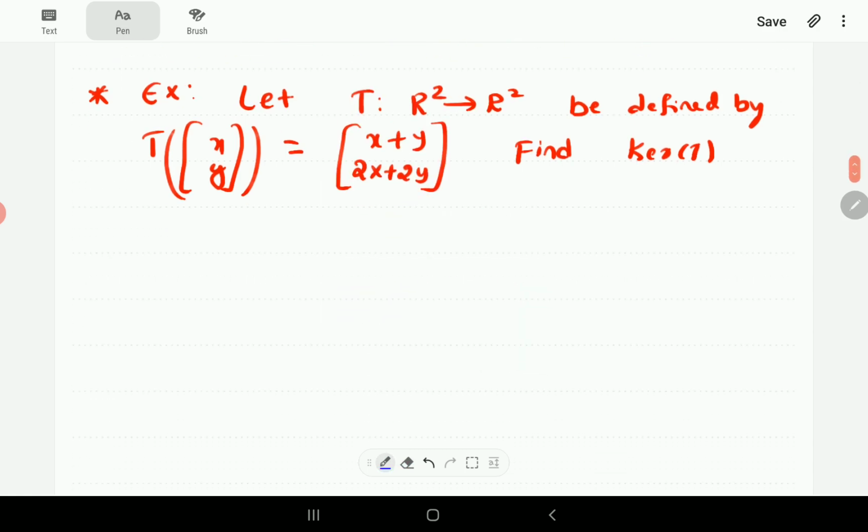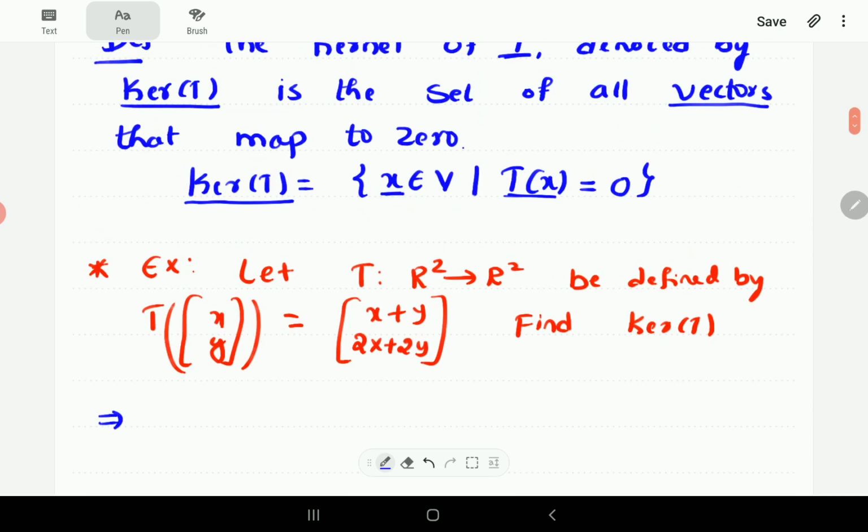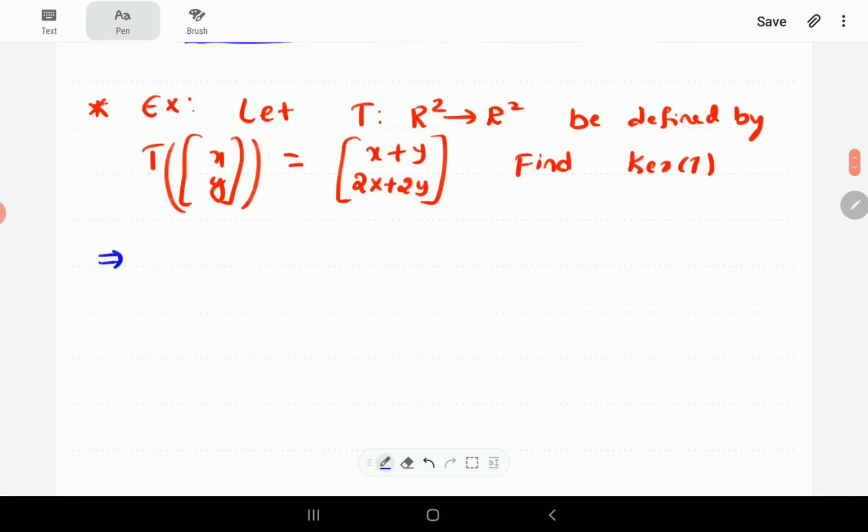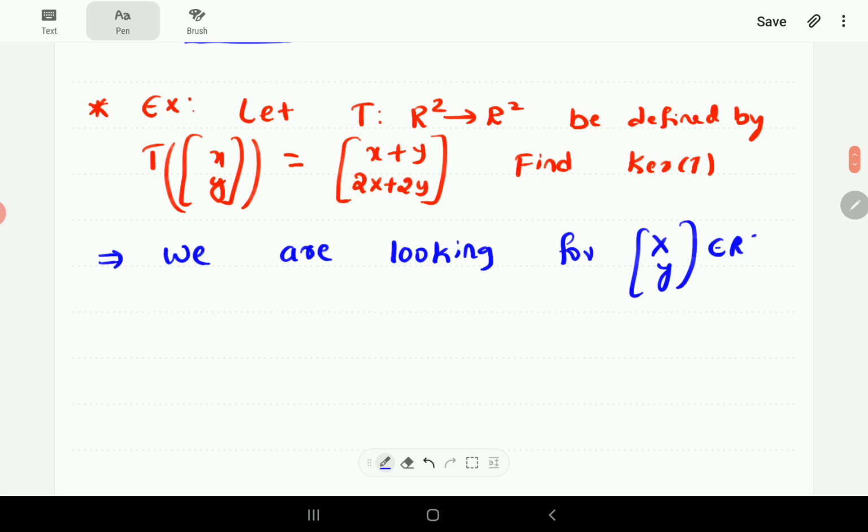So here we are looking for the vector (x, y). As per the definition, we should look for the vector x such that its image maps to 0. That means we are looking for the vector (x, y), since it is in R2, (x, y) belongs to R2, such that the vector's image should be equal to (0, 0).